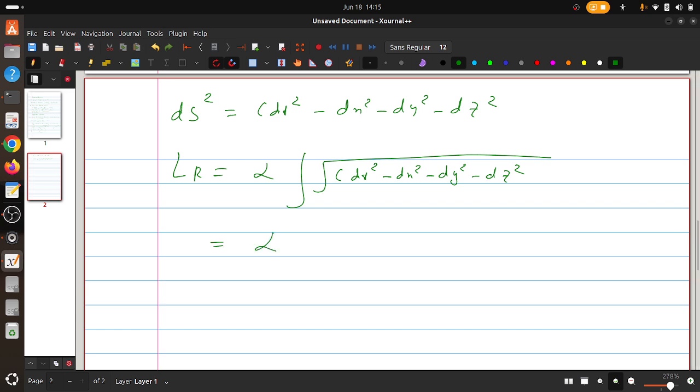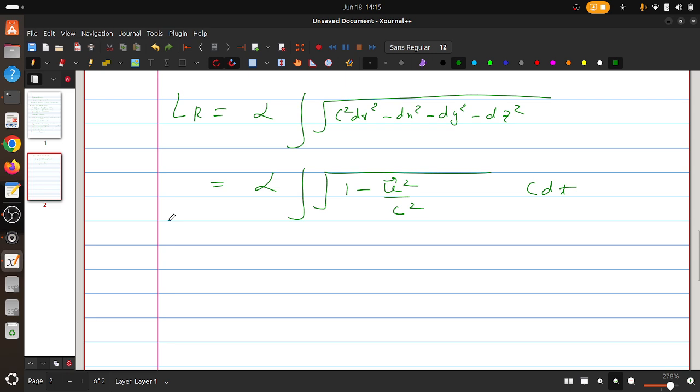We can take out c dt completely, so it would be the square root of 1 minus, and then when we take out the dt, it will be dx by dt, dy by dt and dz by dt squared, added up over all the components, which is just the velocity vector magnitude squared.